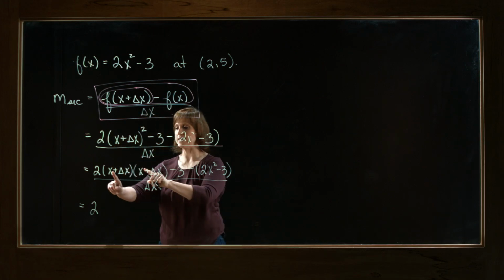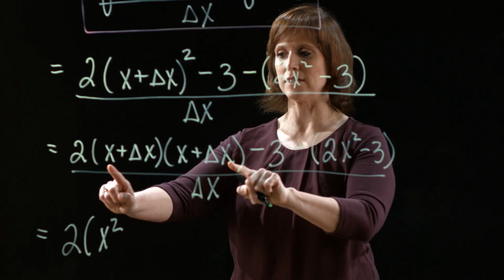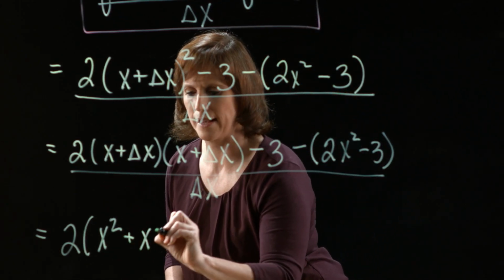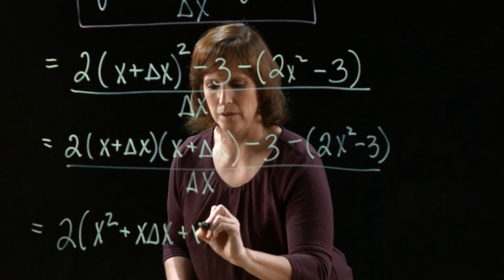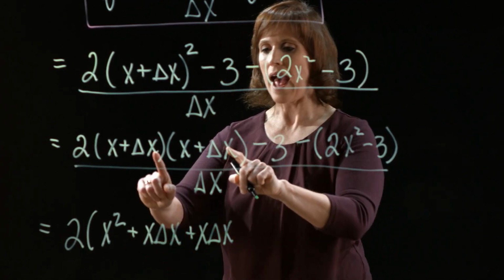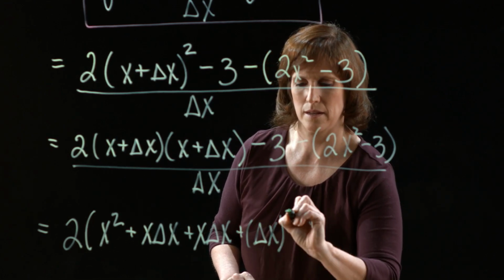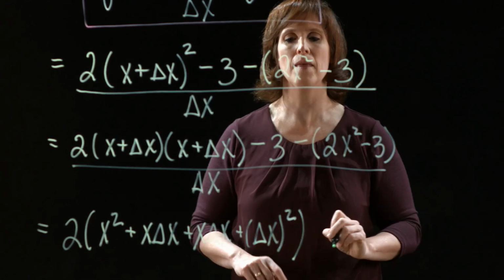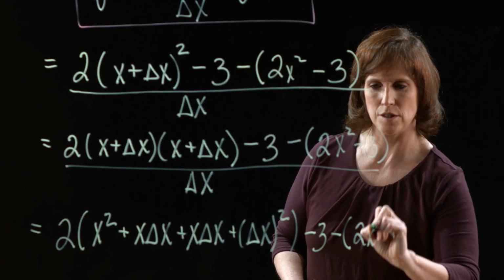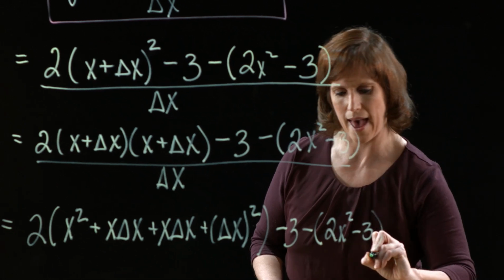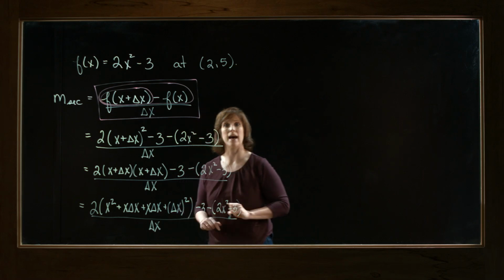FOIL tells me I take my first terms and multiply them together, then my outside terms, that's x delta x, the inside terms, which will again be x delta x, and then my last terms. And again, I'm going to subtract 3 and also the 2x squared minus 3 and have everything divided by delta x.